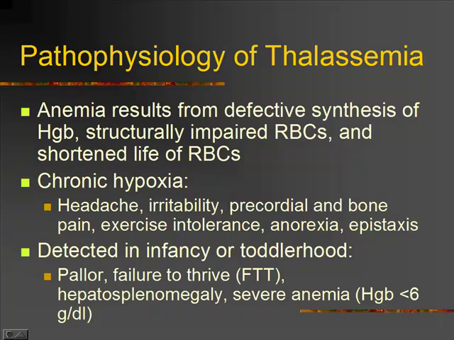So what you see from this is chronic hypoxia, because we don't have enough RBCs because they're breaking down too quickly. The signs you'll get with that chronic hypoxia are headache, irritability, precordial and bone pain, exercise intolerance, they don't have a reserve of oxygen, anorexia, epistaxis, that's nosebleeds.